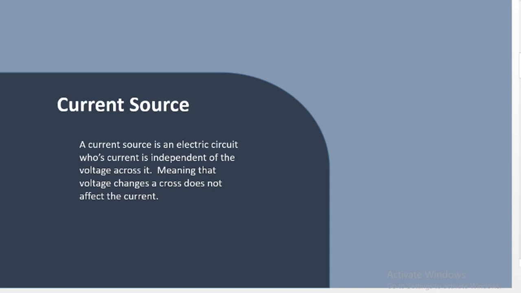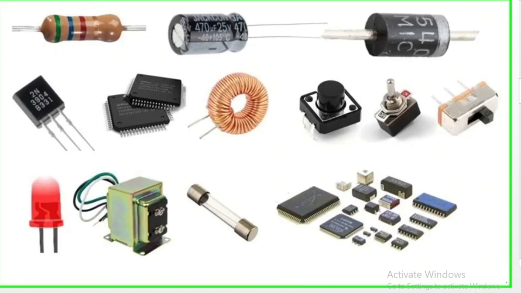Now, I'd like to start by saying, current sources are not really in discrete form like any of these components you have, unlike resistors and capacitors. Current sources are not in discrete form. They are actually circuits you build. You cannot really go to any market and ask to be given a current source.